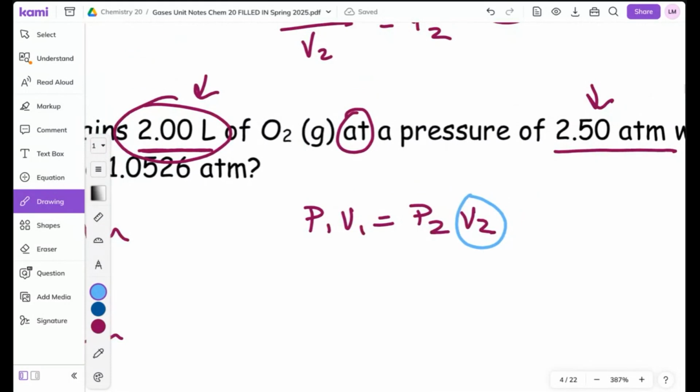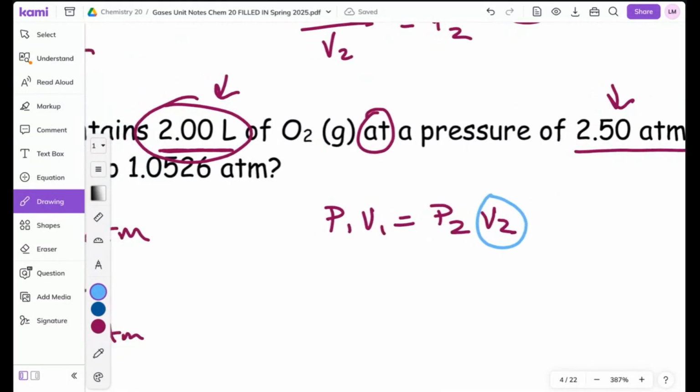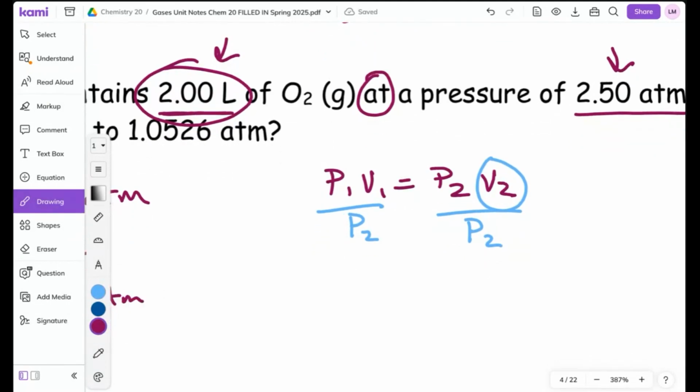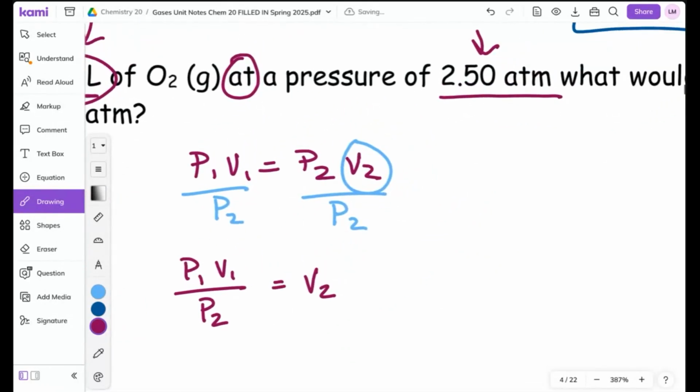So we want to isolate V2 because that's our unknown. What's happening between P2 and V2? Well, that's multiplication. So we got to do the opposite, which is dividing. So then our formula is going to be P1 V1 divided by P2 is equal to V2.